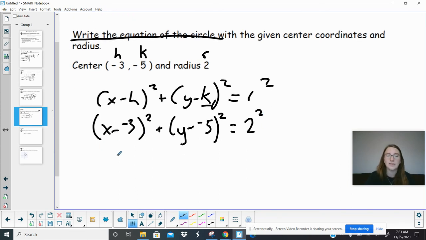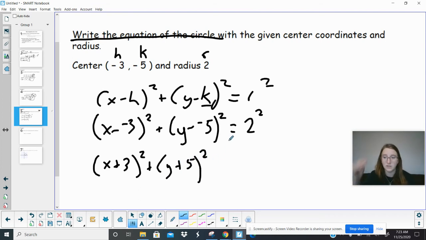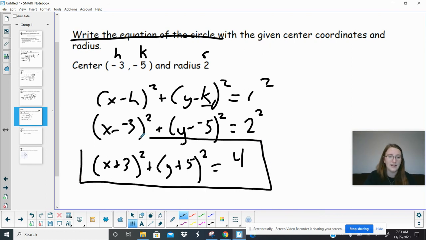So I'm going to simplify this a little bit because minus a minus, we know what that becomes, right? That becomes a positive. So I'm going to rewrite this as x plus 3, that's minus a minus, and y plus 5, because that's also minus a minus. If it were not minus a minus, it would just be a minus, right? And then 2 squared, that's 2 times 2, that's 4. So here is my final answer.